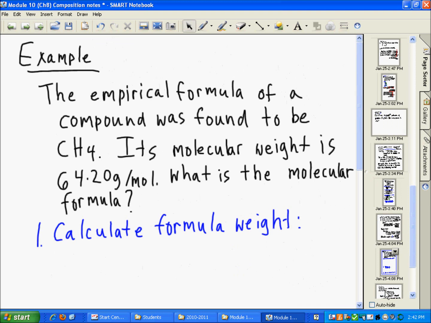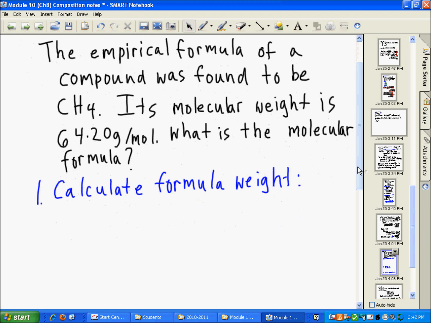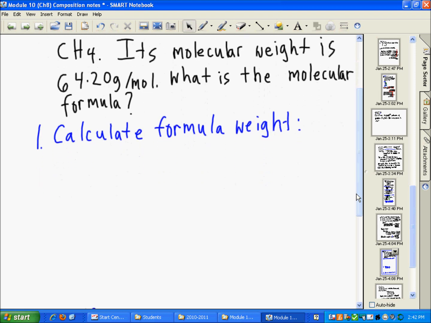So I have an example for doing that here. Let's say you did this whole procedure to find an empirical formula for a particular compound, and you got an empirical formula of CH4. We're given that the molecular weight is 64.20. So we want to find the molecular formula. To do that, we need to calculate the formula weight from the empirical formula. Because it's CH4, how many carbons do we have? 1.